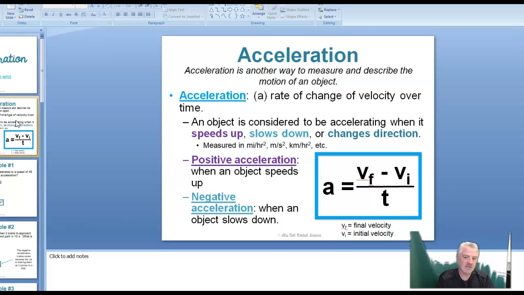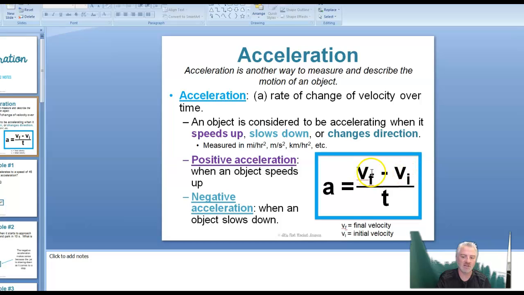So acceleration is a rate of change of velocity over time. Sounds pretty simple, not too complex. The hardest part of acceleration really is this right here, this rate of change of velocity, because that's going to kind of be a little bit different, makes the whole formula look a little more intimidating.